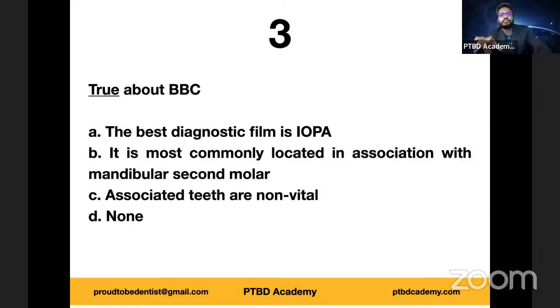Option B, it's most commonly located in association with the mandibular second molar. Option C, it's associated with teeth which are non-vital. Option D, none of the above. So which one do you think is the true statement with regard to buccal bifurcation cyst?